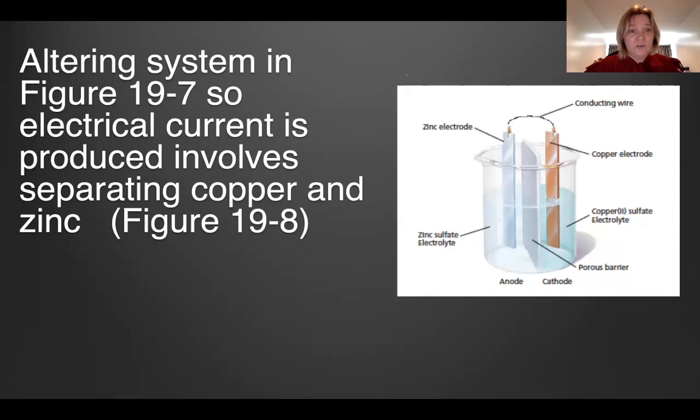So if you look at figure 19-7, actually, this is from the old book. It is on page 618, figure 1.2. Change that.